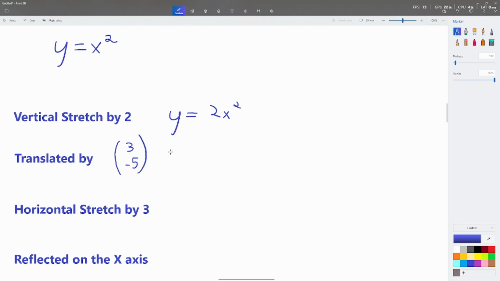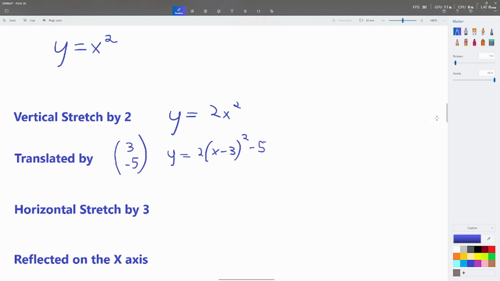And then it will be translated by 3 and minus 5. So you will have your 2 in front. Now remember, if we want to translate to the right, we also put the minus. And then you square it, and then you put minus 5 as well.